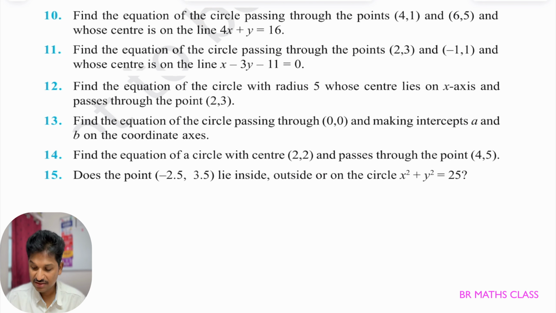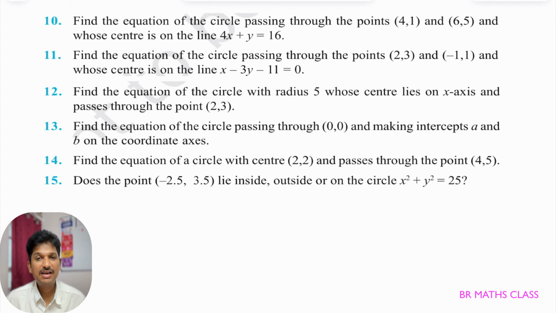The circle passing through 2 points, 4 comma 1, 6 comma 5, and whose center lies on this line equation. This question is also similar. Circle passes through 2 points whose center lies on this line equation. First, we'll do this question number 10, 11. These are a little lengthy. It takes time, but I'll do the easiest way. Even though it is a little lengthy, you can understand it very easily.